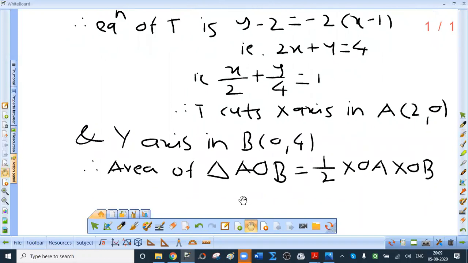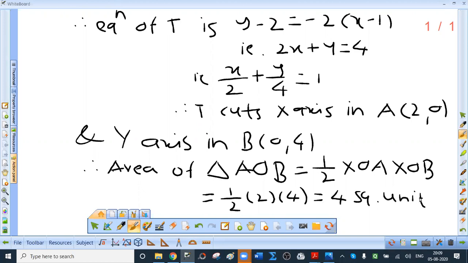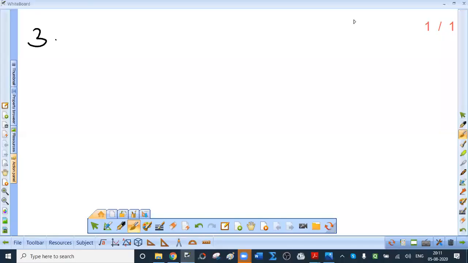So half OA into OB. What is OA? OA is nothing but 2. And what is OB? 4. So this is 4 square unit. So the required area is 4 square units.